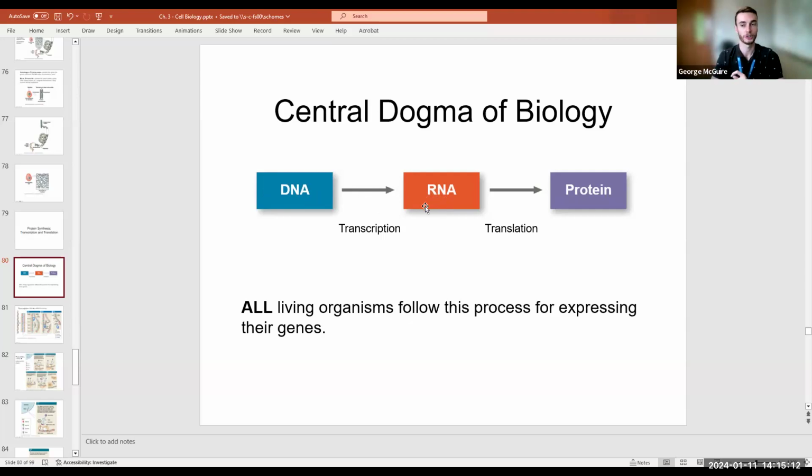The mRNA transcript will then leave the nucleus and take the transcript of that gene to a ribosome, and the ribosome will translate that information into a string of amino acids, a polypeptide. So transcription is making that mRNA transcript, the copy of the gene, and translation is translating the information from the transcript into an actual functional protein.